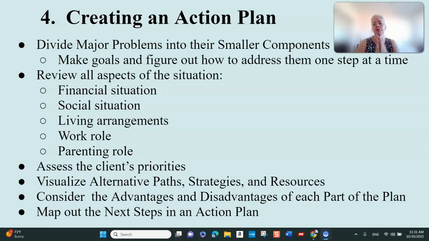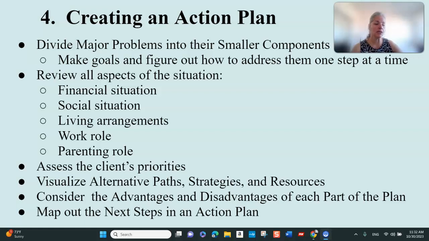How can you help them focus and prioritize in the context of all these other things that are placing demands on their life? Help them consider alternative plans, strategies, and resources maybe that they haven't considered before, or maybe reconsider them with a new light or new perspective. Make sure that you're evaluating the pros and cons of each part of the plan, right?